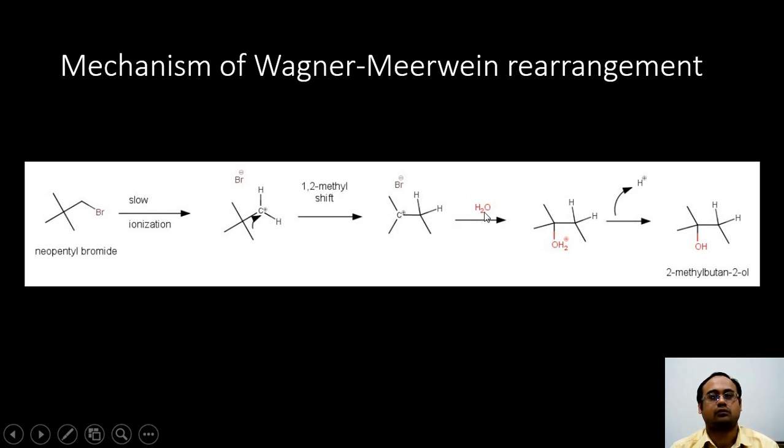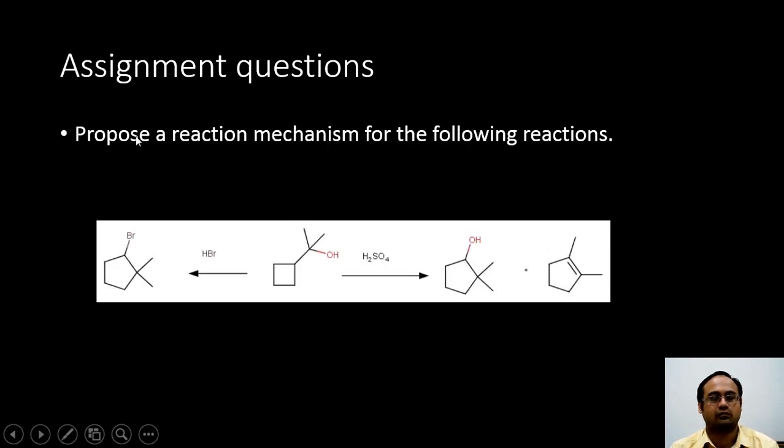This then reacts with a water molecule to give the rearranged product, which loses a proton to give 2-methylbutanol. So I am leaving this question for you to answer, and I am asking you to propose a reaction mechanism for the following reactions, and this we will discuss further in the class.